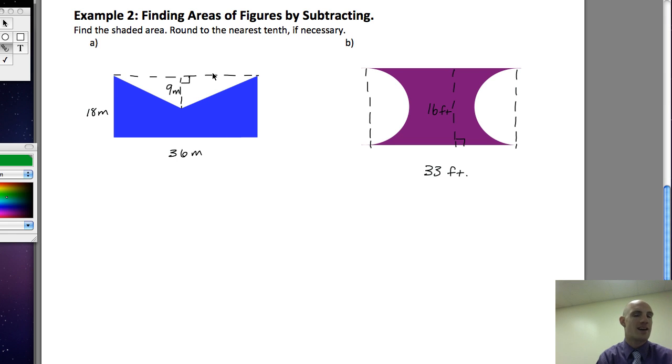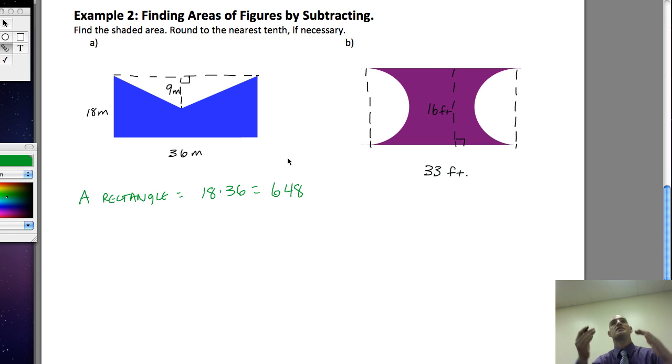Notice, if I drew this dotted line here, I would have a whole rectangle. So the area of the rectangle would be equal to 18 times 36, which gives me 648. Unfortunately, I'm missing this little wedge-shaped piece, but it is a triangle, and this is a triangle that I know the base of and I know the height of.